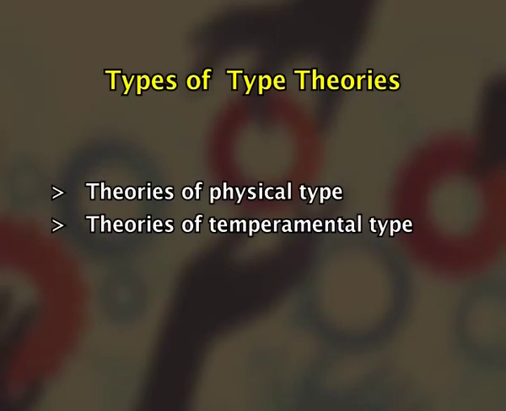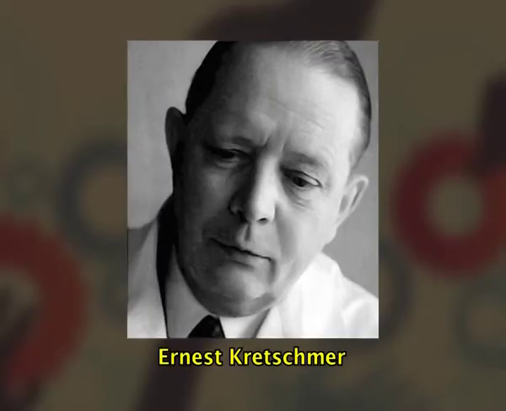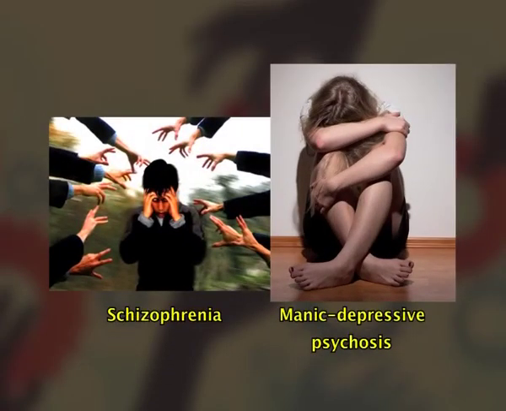Theories of physical type. Kretschmer's classification belongs to the theories of physical type. Physical typology of Kretschmer, a German psychiatrist, began as a study of two extreme mental disorders called schizophrenia and manic depressive psychosis.